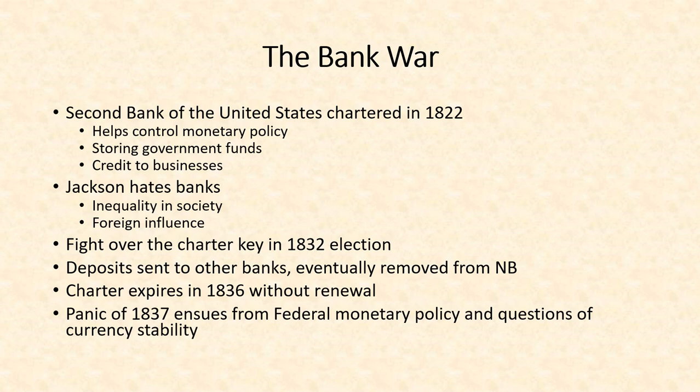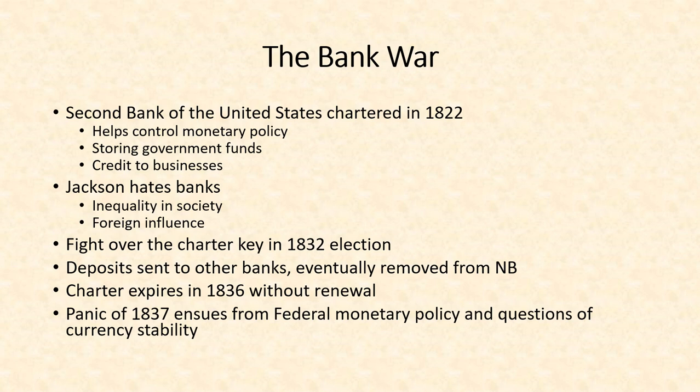The charter is supposed to be renewed in 1836, and Andrew Jackson will refuse to renew, and the Democrats as well will refuse to consider renewing the Charter of the United States. They say this as early as 1832.